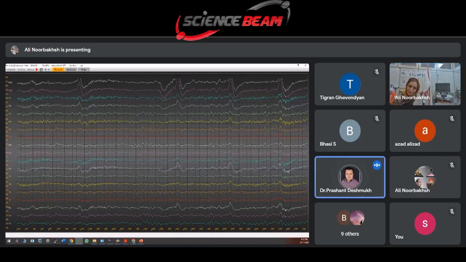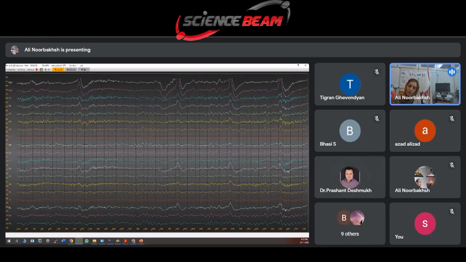Hello, Doctor. Is it possible to connect a kind of small EEG cap for an infant or a child between 2 months and 9 years old?